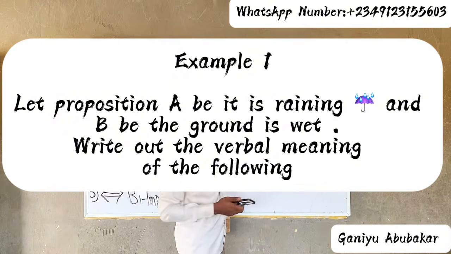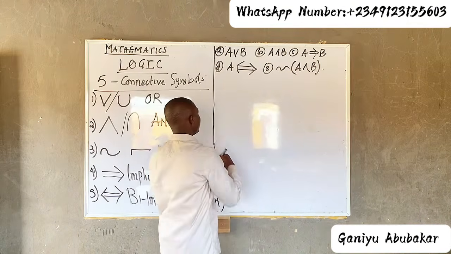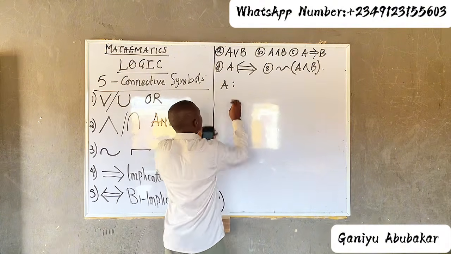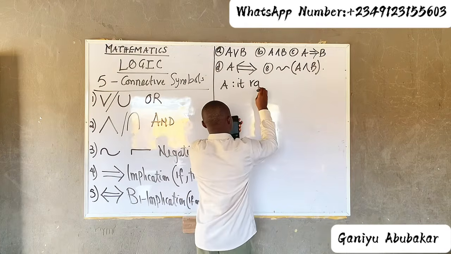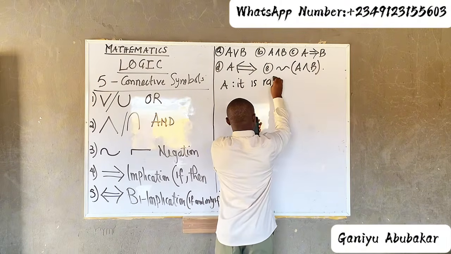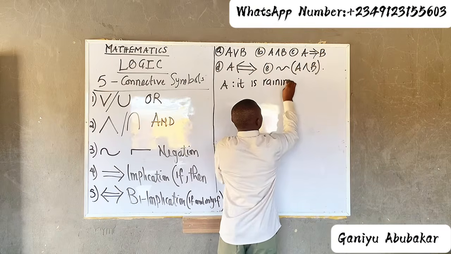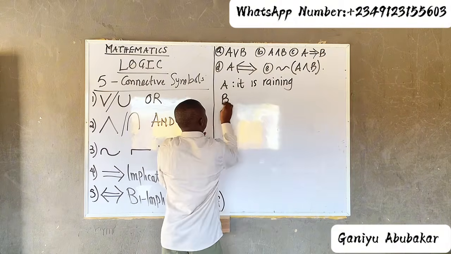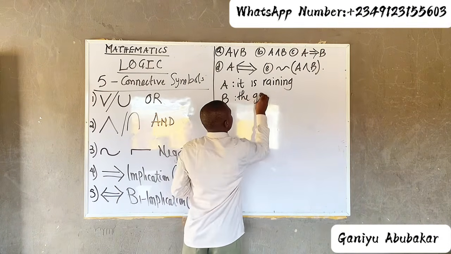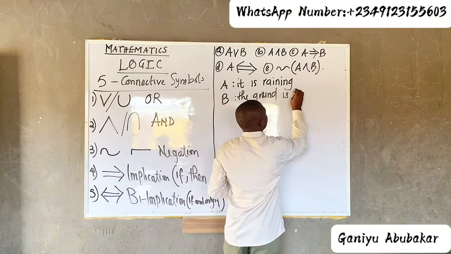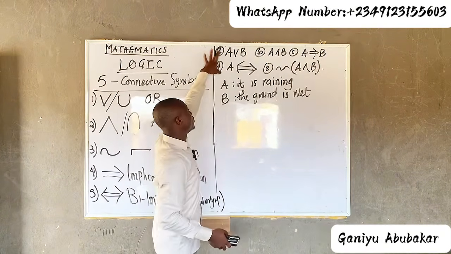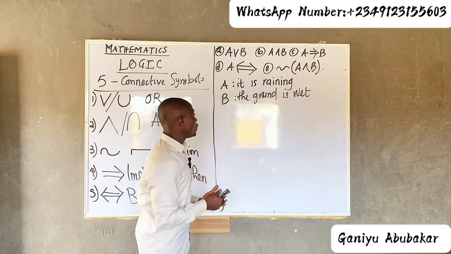So in that question, they gave me that proposition A is "it is raining," and B is "the ground is wet," and I'm told to write out the verbal meaning of the following.